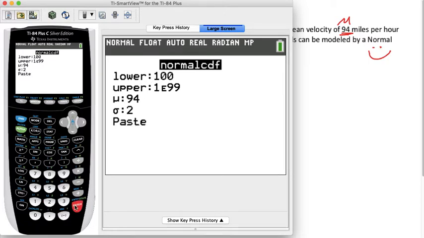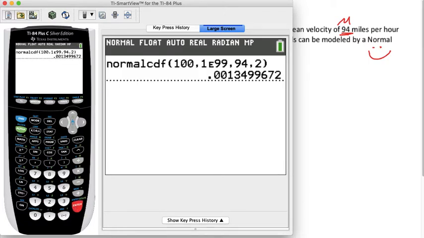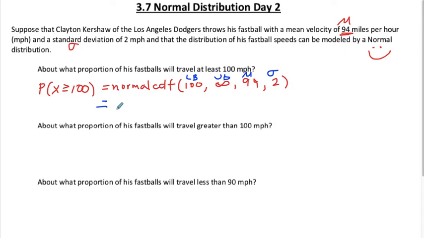We'll paste that in, and we get a proportion of 0.001, so the percent would be 0.1. So we are saying that not even quite 1%, hardly a percent of his fastballs will travel 100 miles per hour or more.